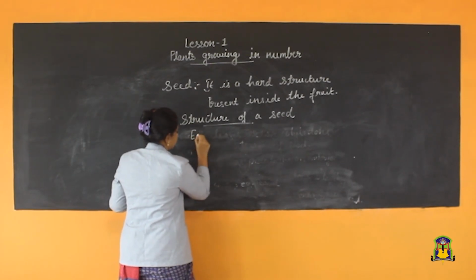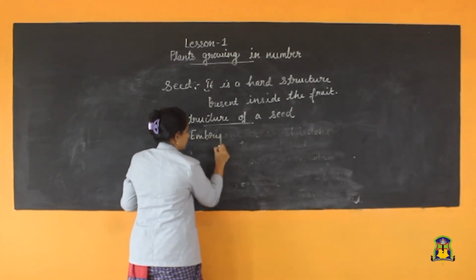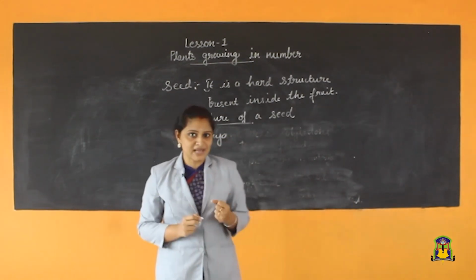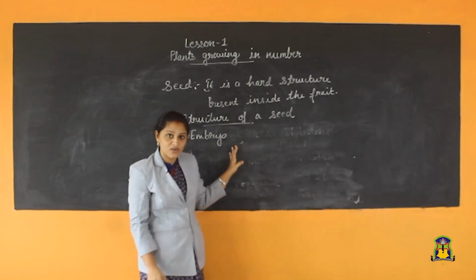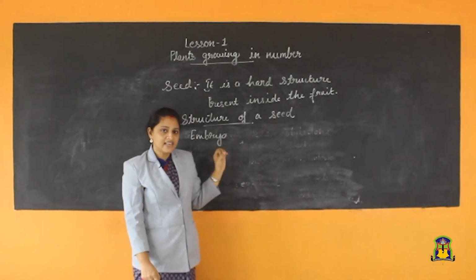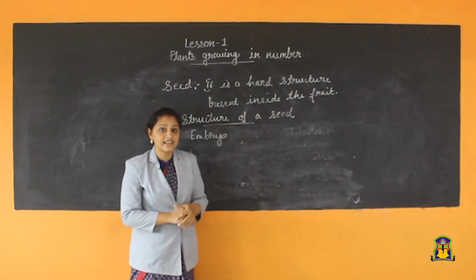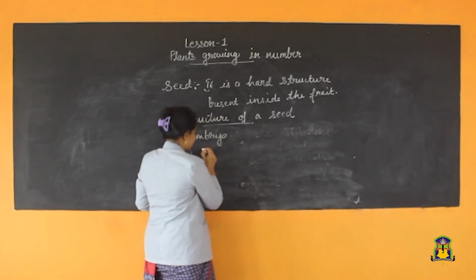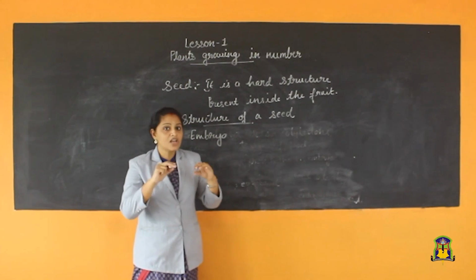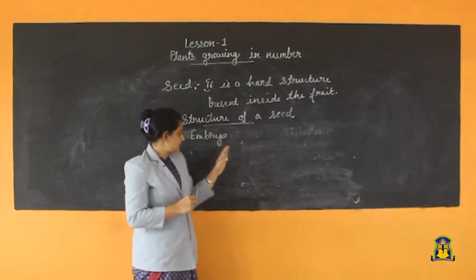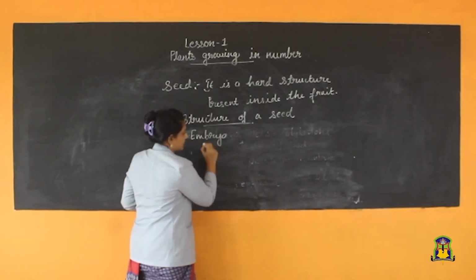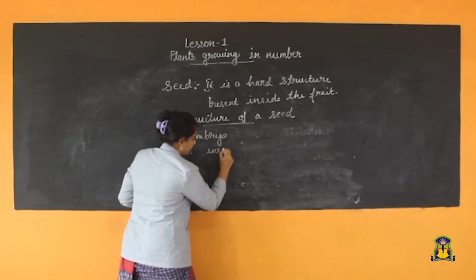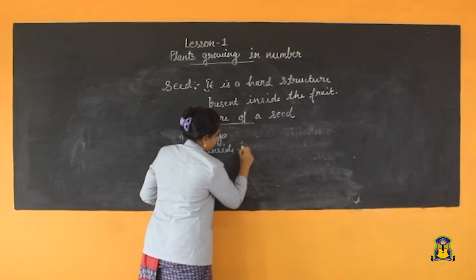Embryo is also called baby plant. We can see this embryo inside the cotyledons.